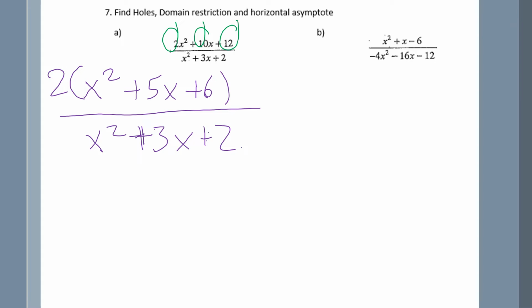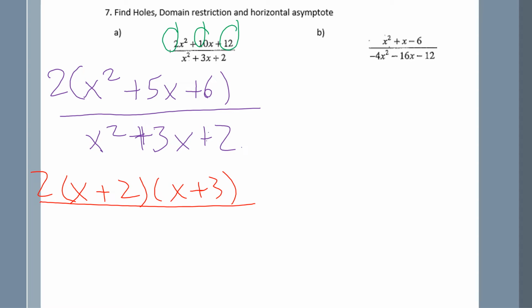And if you wanted to, you could also talk about the vertical asymptote in these cases. So let's go ahead and get the factoring of this. In the numerator, I have x plus 2, x plus 3 when I factor it out, and of course, that 2 is going to be on the outside. And then in the denominator, I have x plus 1 and x plus 2.